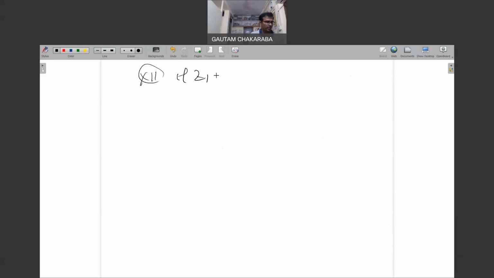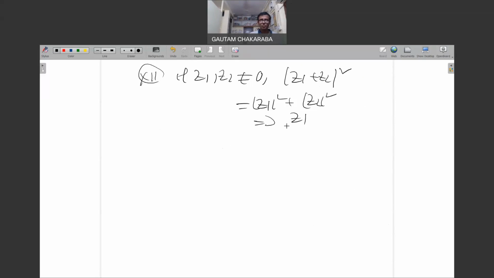If Z1, Z2 not equal to 0, modulus of Z1 plus Z2 squared equal to modulus Z1 squared plus modulus Z2 squared, this is equal to Z1 by Z2 is purely imaginary. Purely imaginary. Okay.